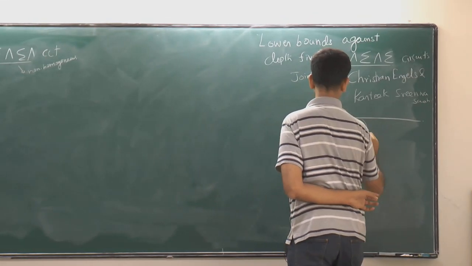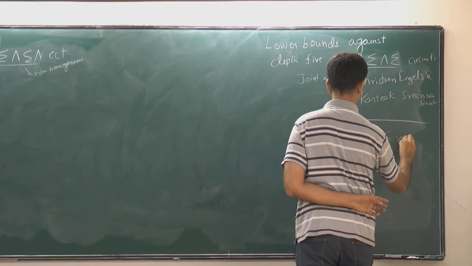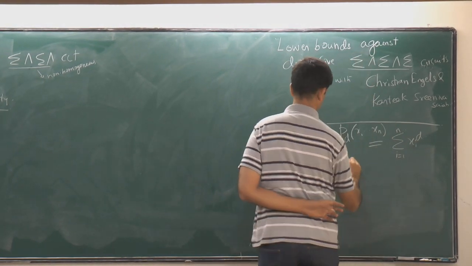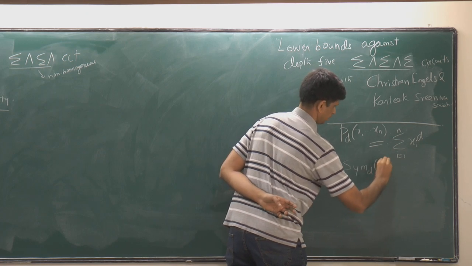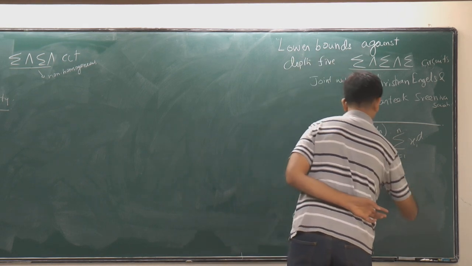For d greater than 0, let's denote P_d of x1 to xn as the power symmetric polynomial of degree d on n variables, and Sym_d be the elementary symmetric polynomial of degree d.